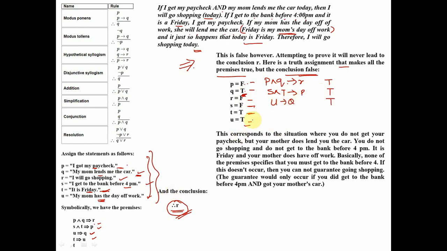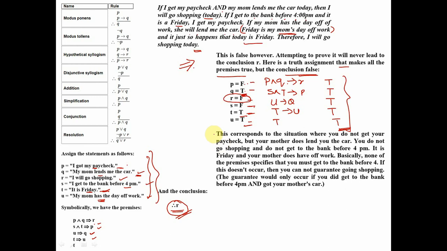Fourth premise says T implies U. T implies U, again true. And finally T, again true. So this is a critical row, but the value of R over here is false. So this is an invalid argument.